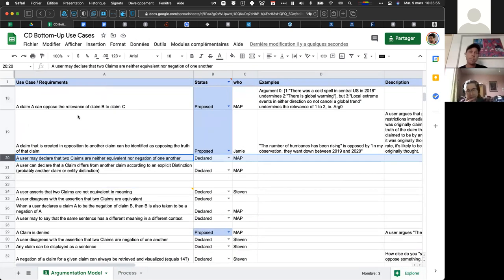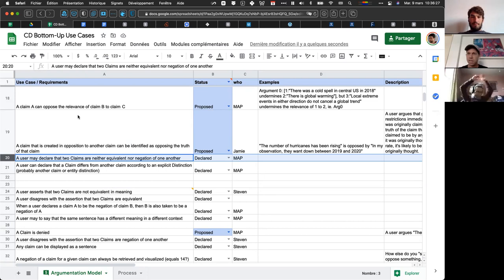Here's the thing. You can't construct an argument. You can construct the statement: those two aren't equivalent, nor are they a negation. You can come up with that as a statement, but that's not an argument. In other words, it's a meta activity to the debate, right?